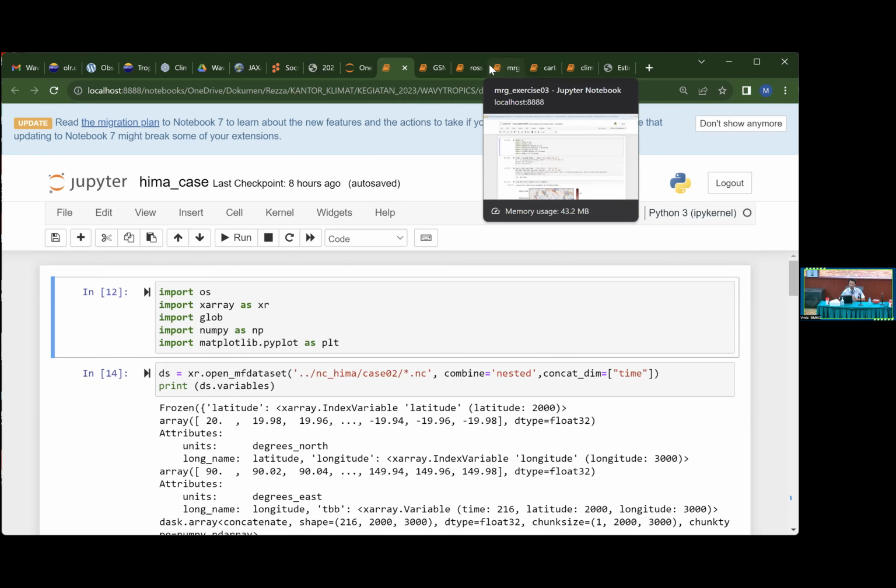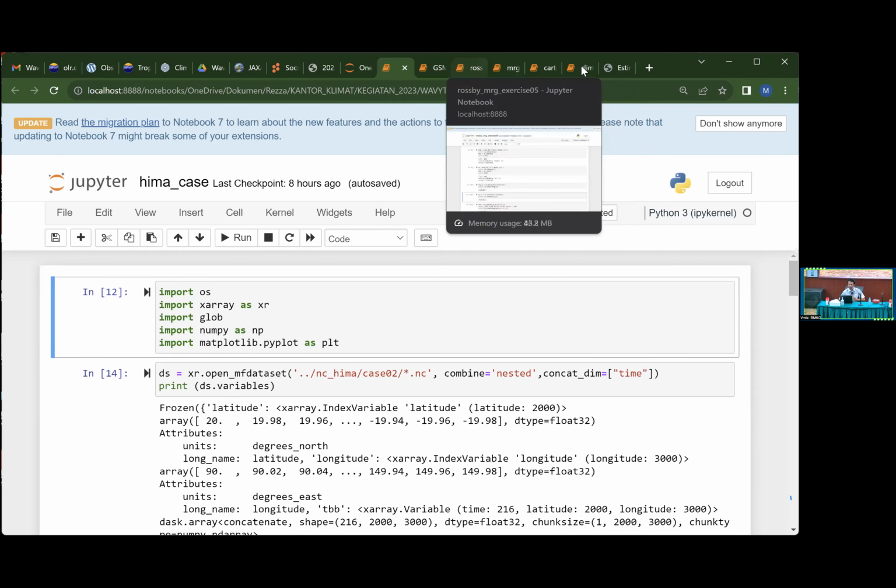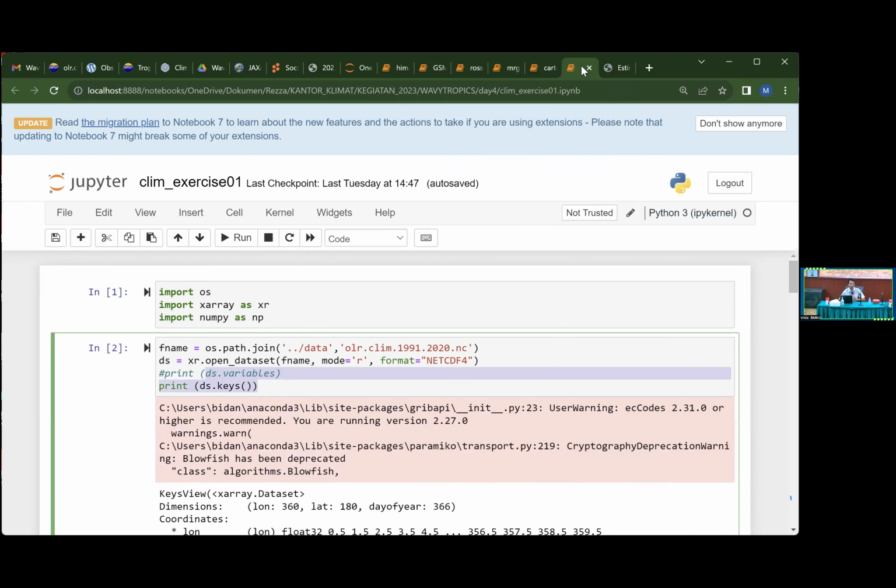And then, this is the example of one case study, a very short time period. The next exercise is we try to read the climatology of the OLR.